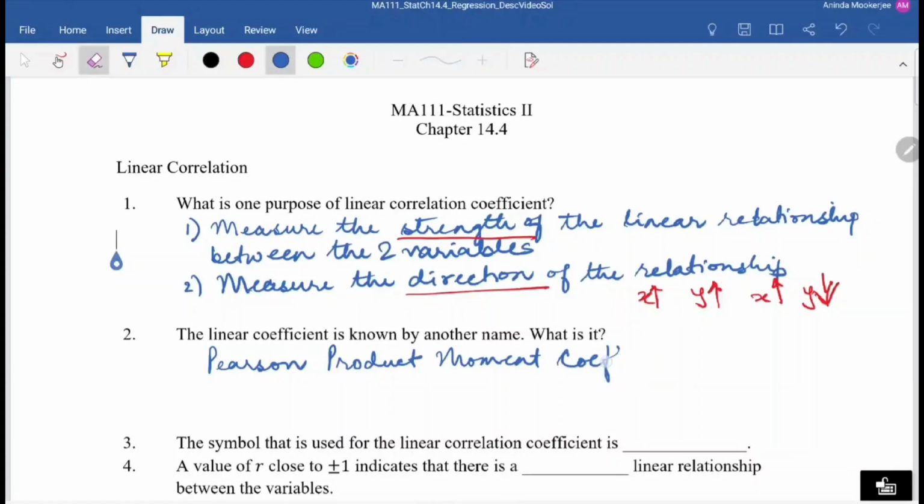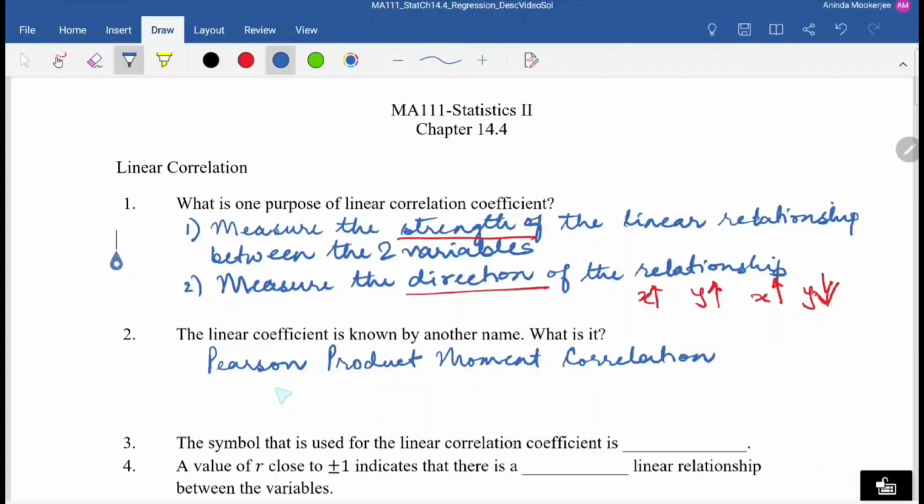Now we did not mention this in our lecture slides.